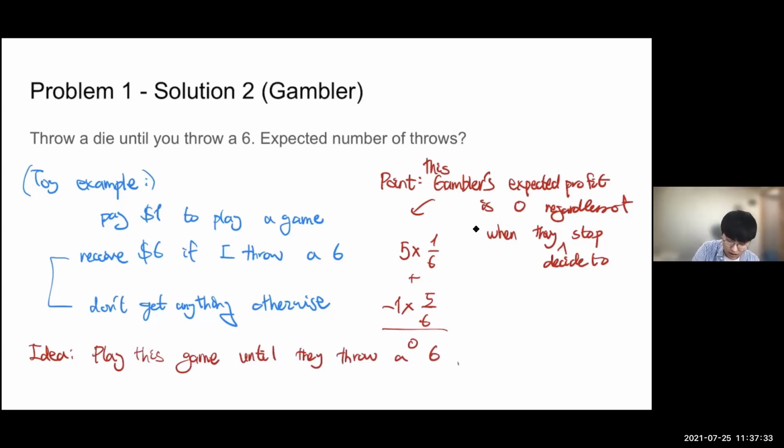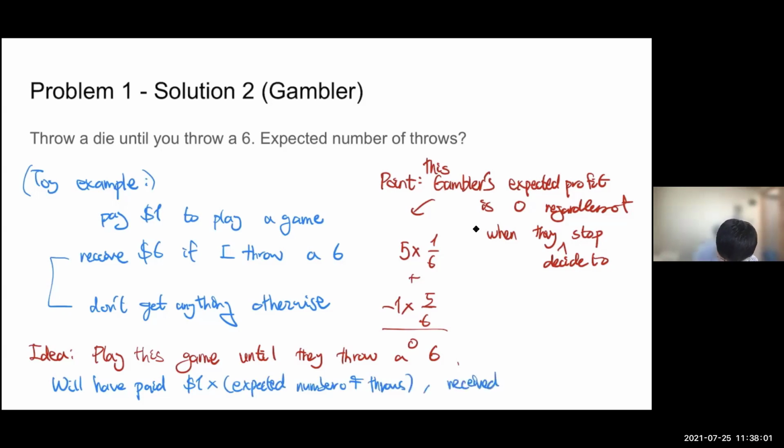Then you will have paid $1 times the expected number of throws, and will have received exactly $6, because you play this game until you throw a 6 and then you stop.